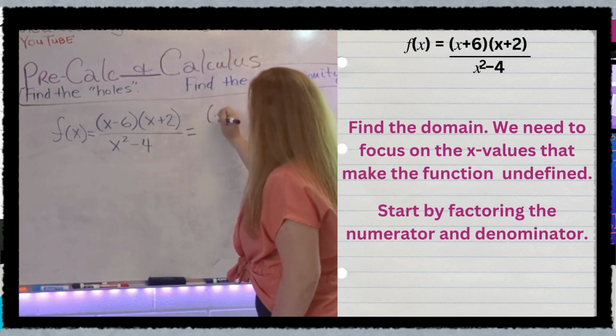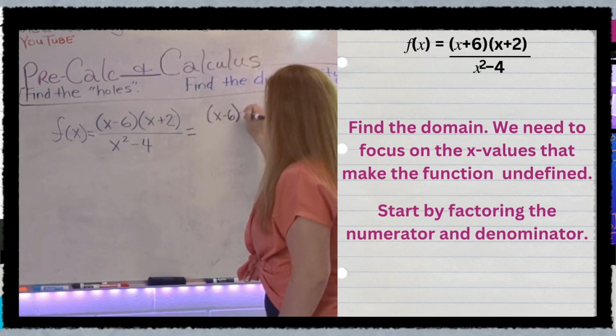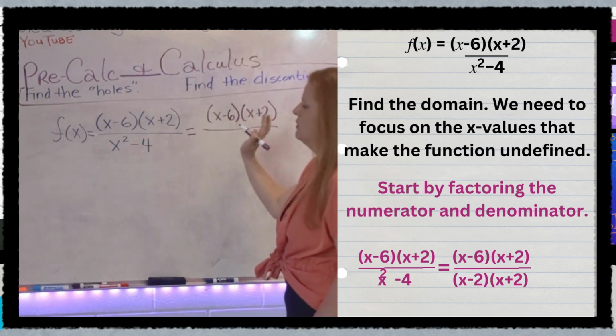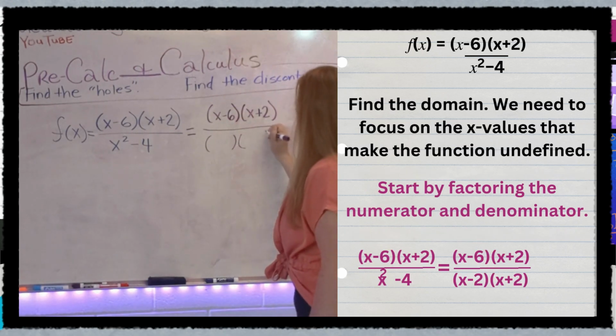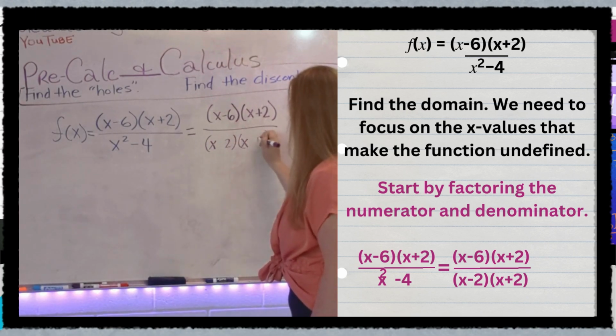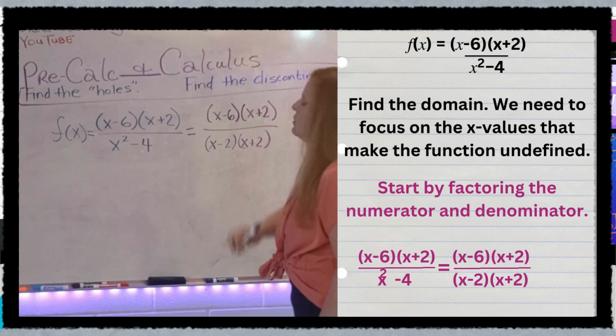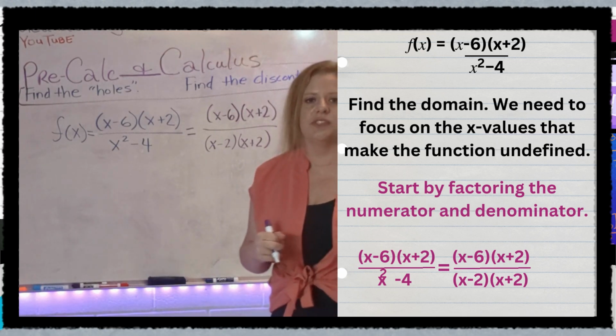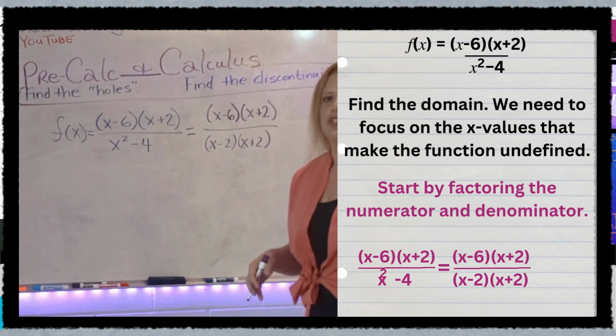So we have the same numerator. On the bottom, I actually have the difference of two squares. You should remember that back from algebra. I believe algebra 1 goes over the difference of two squares, and of course algebra 2.